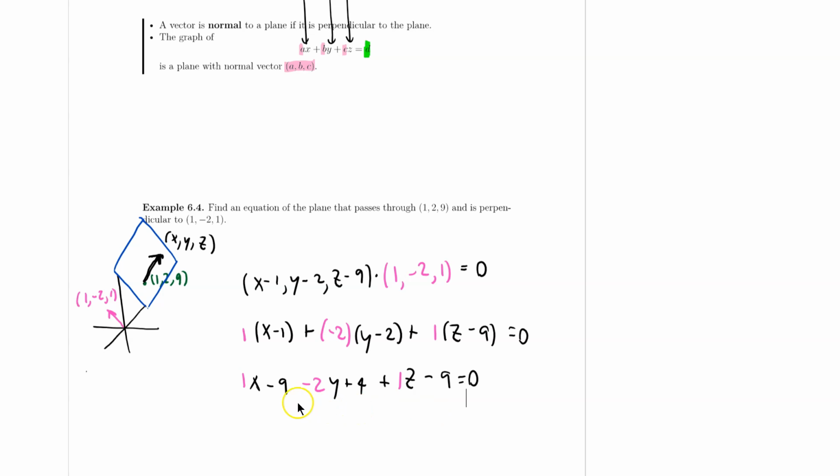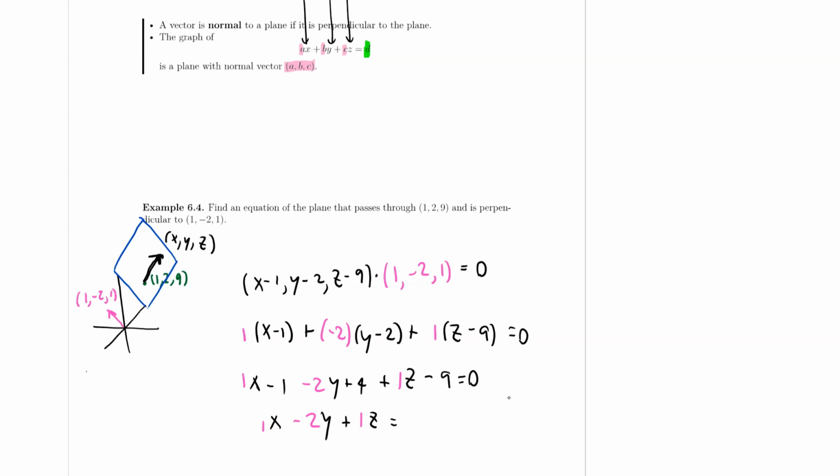Wait a minute, this is not 9, this should be 1. I have negative 1 and negative 9, so that adds up to negative 10, and 4 minus 10 is going to be negative 6. I move negative 6 to the other side, so I'm going to have 1x minus 2y plus 1z has to equal 6.